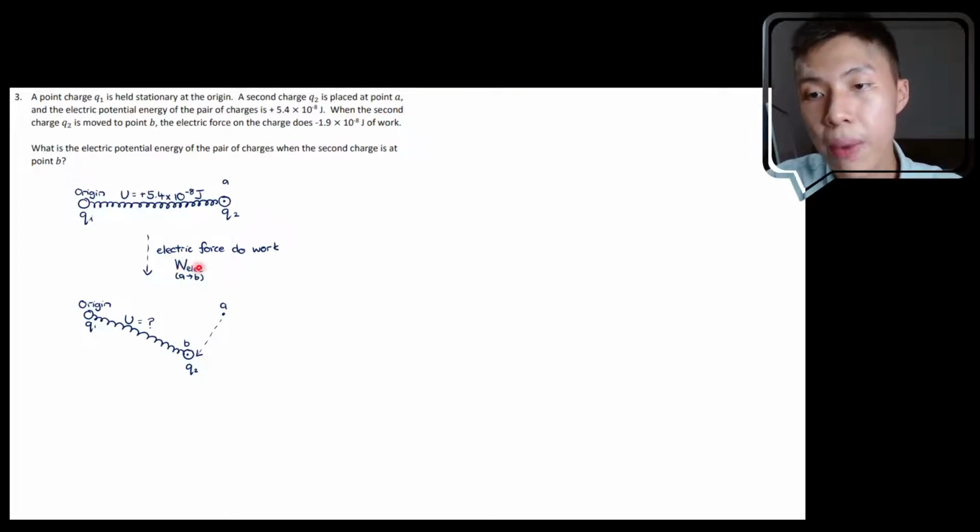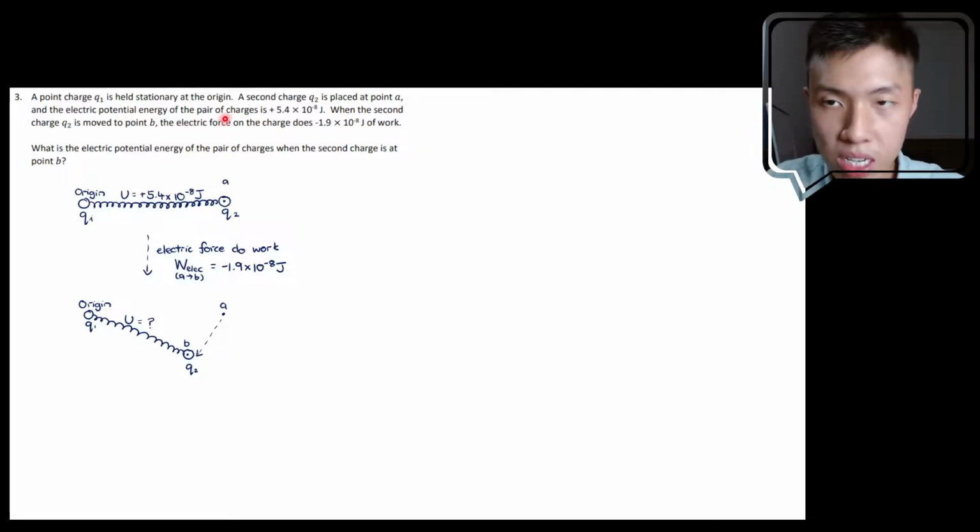So it's work done by electric force to bring, in this case, Q2 from point A to point B. So the journey is from point A to point B. And this value here will be equal to negative 1.9 times 10 to the power of negative 8 joule. Okay, so this is the value that is being given in the question over here.